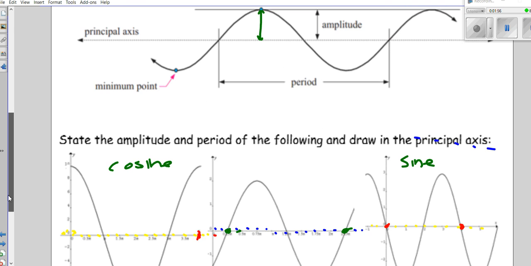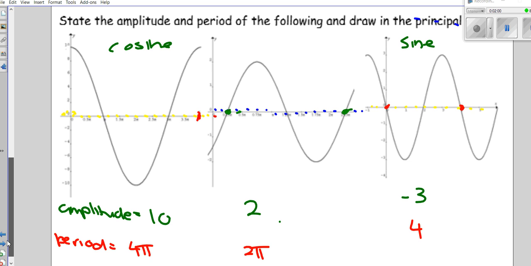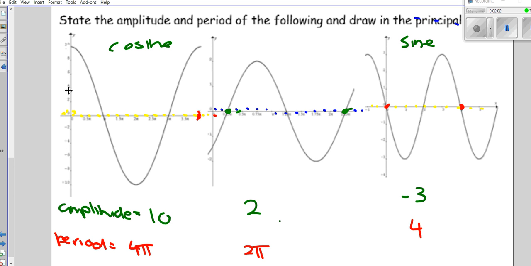So then you've got minimums and maximums and all that kind of stuff. These ones we looked at the amplitudes and the periods of. The amplitude is 4 for this one, it's cosine, and it's got a period of 4 pi. This one, notice that from the 0 point to the 0 point, the principal axis is here. From here to here it was a distance of 2 pi, and its amplitude was 2.